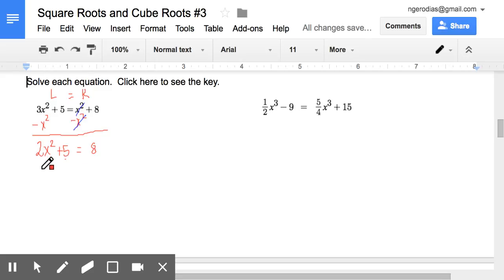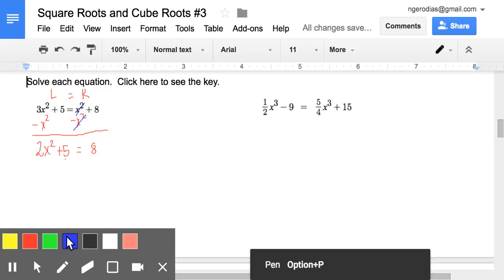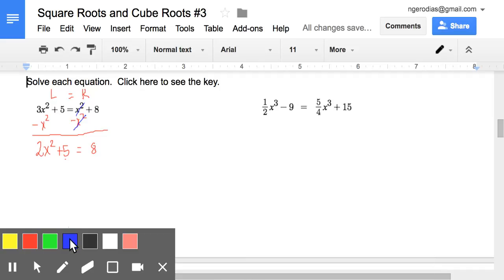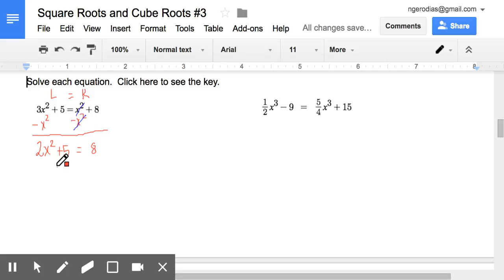So the constant and the x squared are still on the same side. So what we're going to do is subtract 5. I'm going to take away the 5 from the left side, and I'm going to take it away also from the right side.